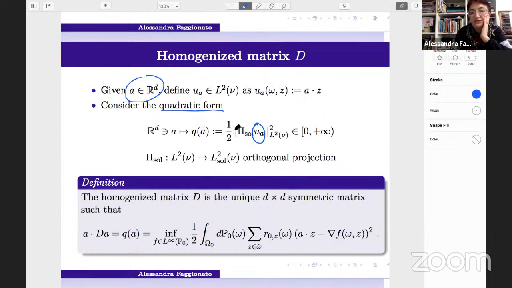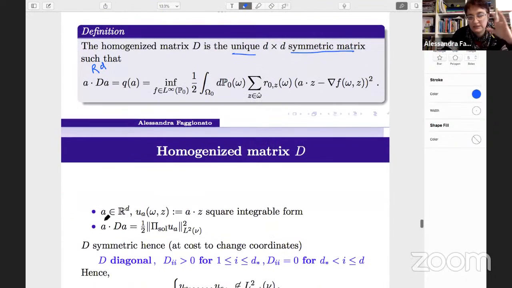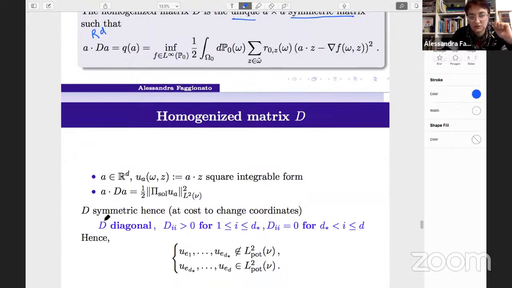This is a quadratic and non-negative form, and therefore there exists a unique symmetric matrix D such that this form is equal to the scalar product of the vector a with D a. This is the scalar product in R^d. This is the homogenized matrix, and it appears in plenty of applications.